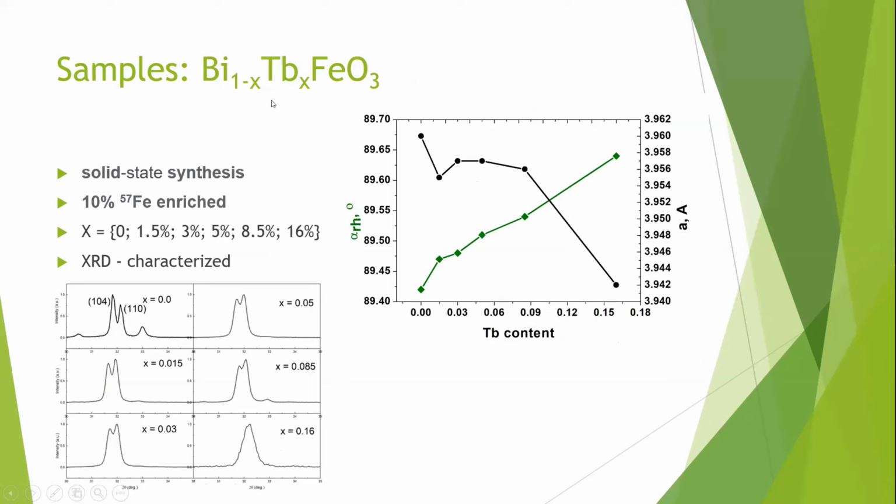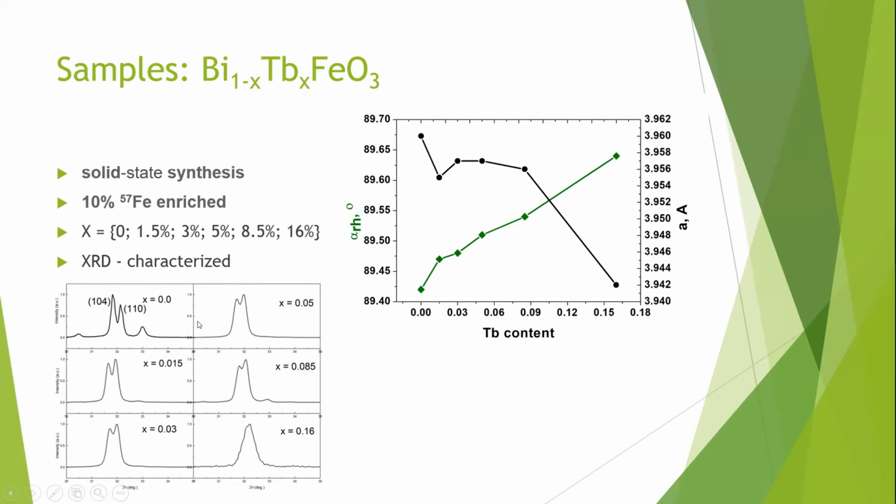Now to the samples. The samples we synthesized in MIRA by Pokatilov's group are 10% iron isotope enriched. They are bismuth ferrites with terbium doping of this content: 1.5, 3, 5, 8.5, and 16%.